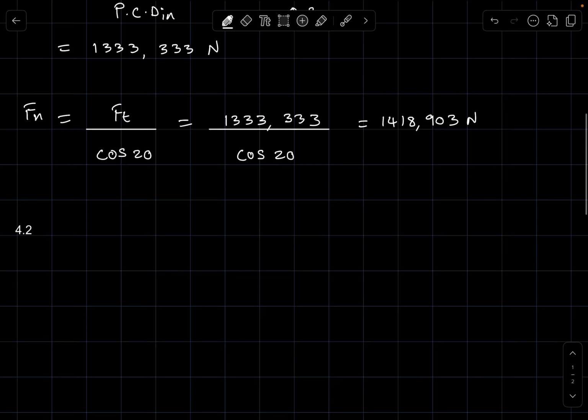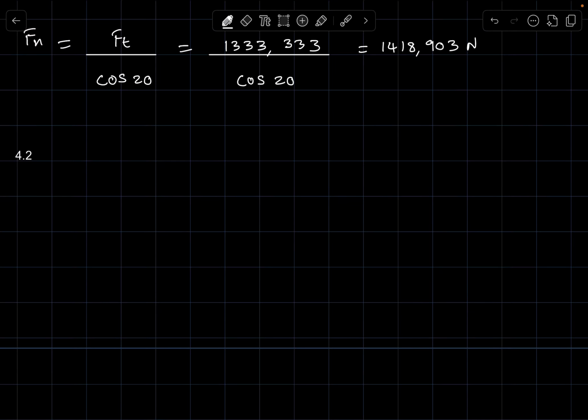Now, remember that there's a number of ways in which you can express the gear ratio. You can express the gear ratio in terms of the rotational frequency, in terms of number of teeth, in terms of the PCD, and also in terms of the torque. In terms of torque, the gear ratio is equal to T out divided by T in.